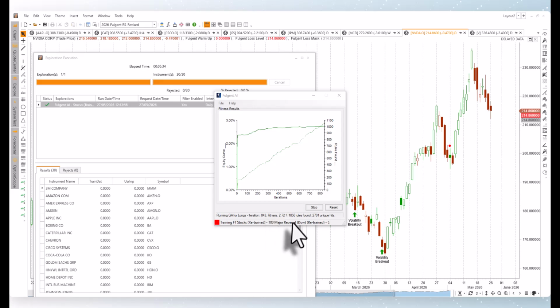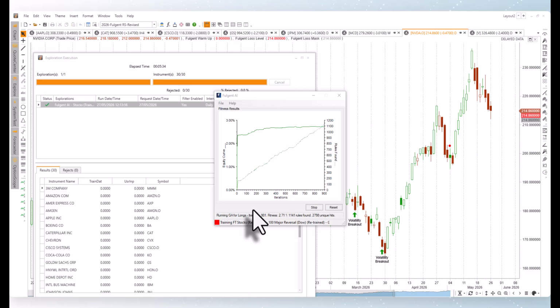So the major reversal genetic algorithm was running for a couple of minutes now, and we've already got 1,000 unique rules, 2,700 unique hits, and almost 1,100 now. There we go. For the major reversal strategy just on the Dow 30 stocks.